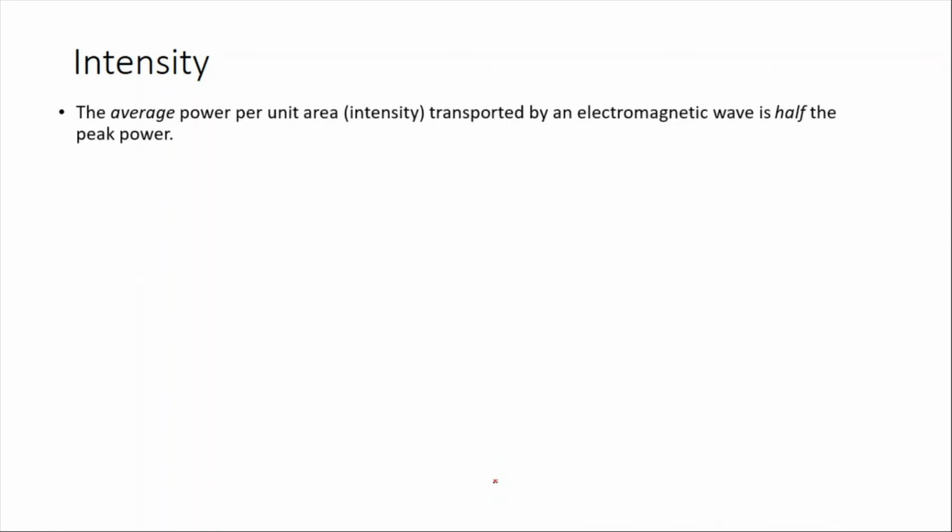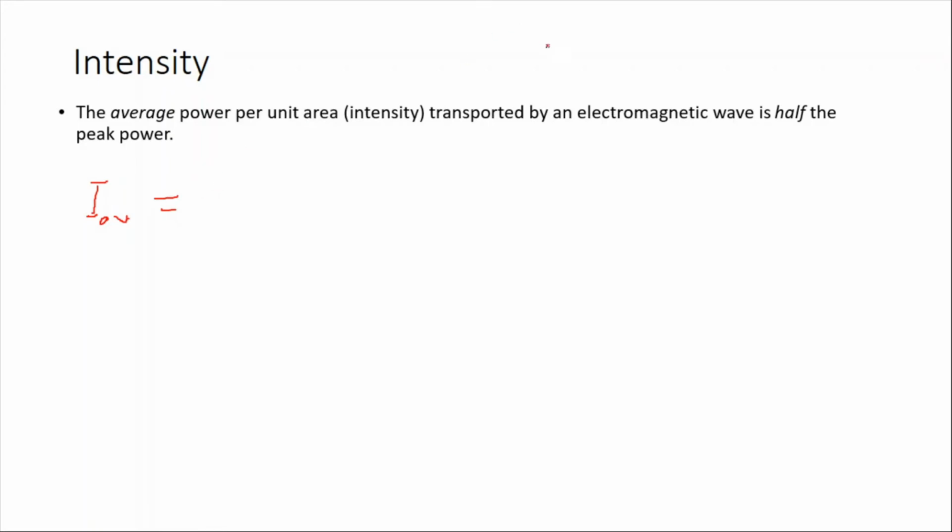The average power per unit area, which we will call intensity, transported by an electromagnetic wave, is half of the peak power. Now I'm going to express the average intensity in terms of the energy associated with the electric field.